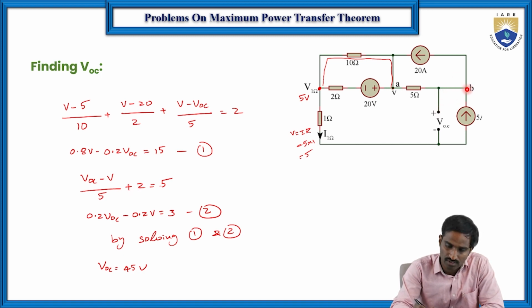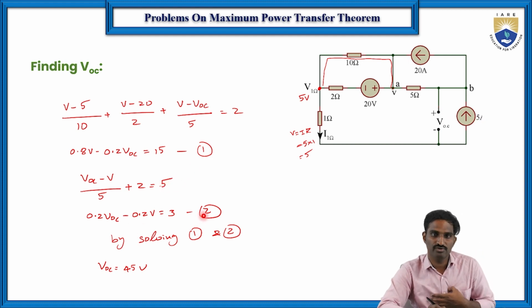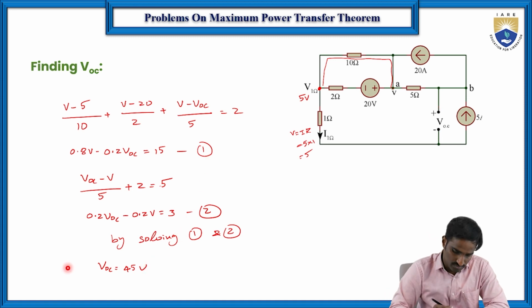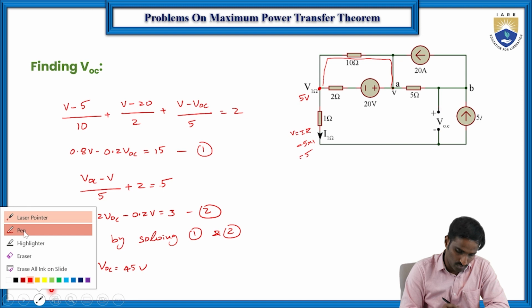VOC is connected to the point V, so VOC and VB are the same point. So VOC minus V by 5 plus 2 amperes is equal to 5. If you simplify this, you will get equation number 2, and by solving 1 and 2 we get VOC. This is how we can find the open circuit voltage.